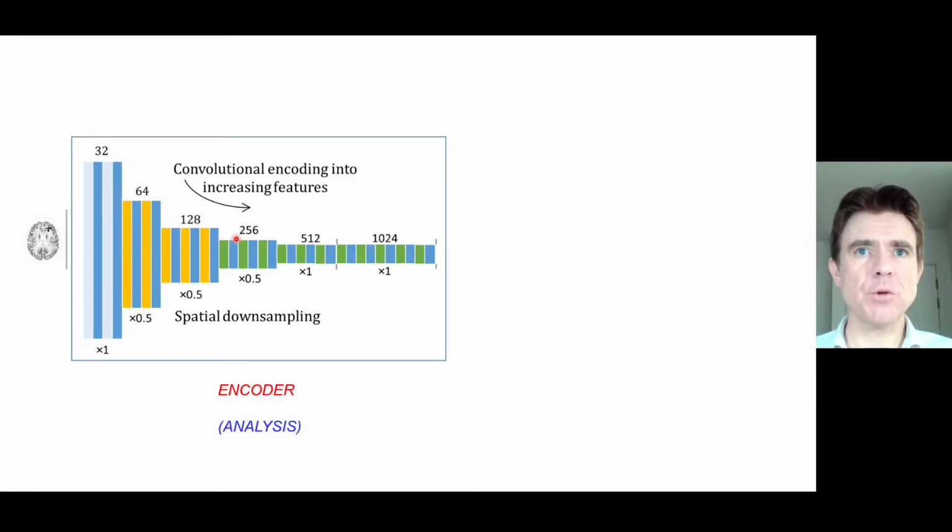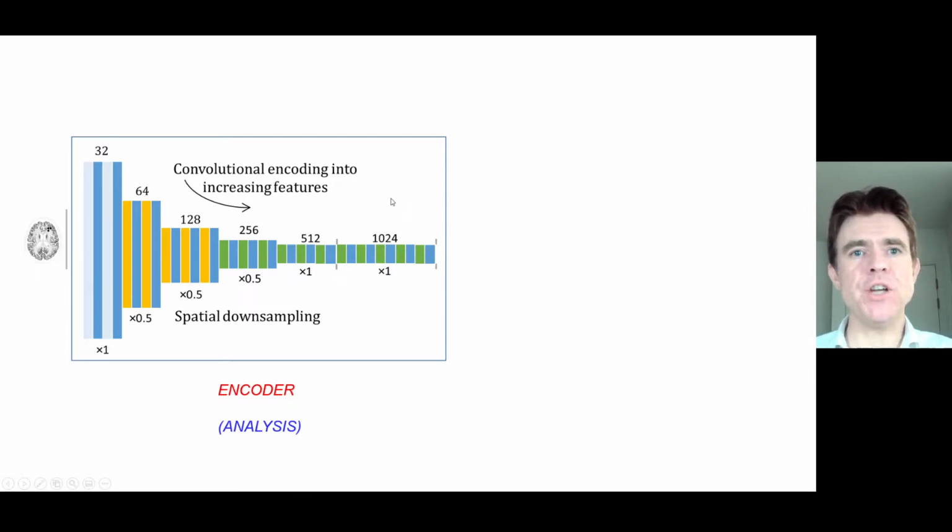And then as we're going down this pipeline, this cascade of mappings, the spatial sampling is being reduced, and at the same time we're increasing the number of features. So in fact this diagram is a bit misleading. Really these rectangles should be getting fatter and fatter, because what we're doing is reducing the spatial sampling and increasing the number of features as we go.